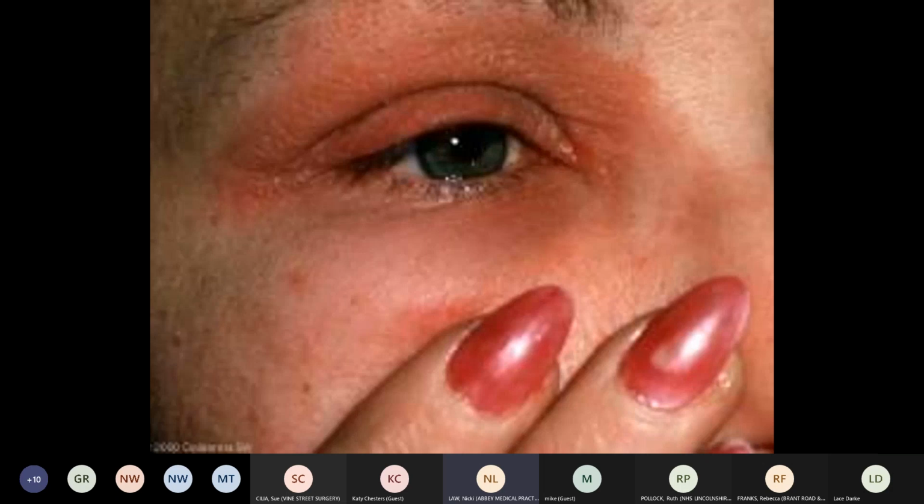And then this lady who's got this redness, some kind of dermatitis on her eyelid and round her eye. And it's always tricky when it's someone's face, but what would you give her to try? Okay, so what have we got here?